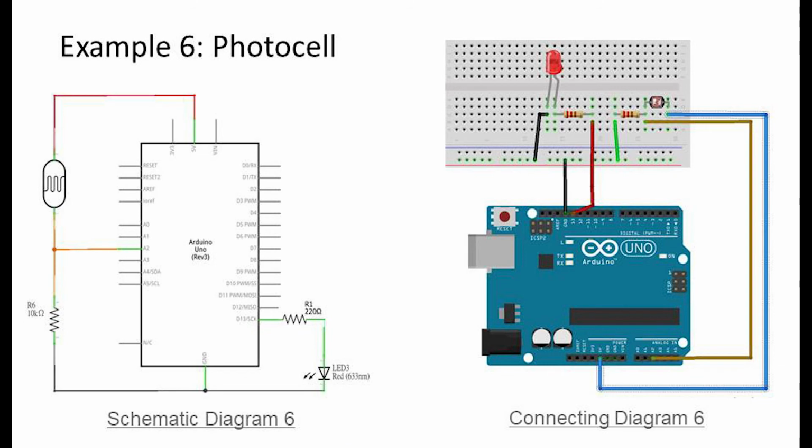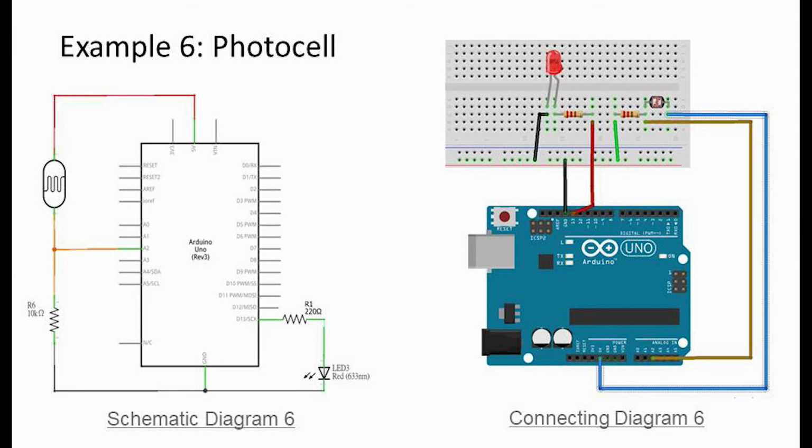Here, you are shown the schematic diagram illustrating this setup. The photocell is connected to the 5-volt pin and also to the A2 analog pin. This allows the Arduino board to detect the variable resistance of the photocell and therefore detect the light intensity surrounding the setup.